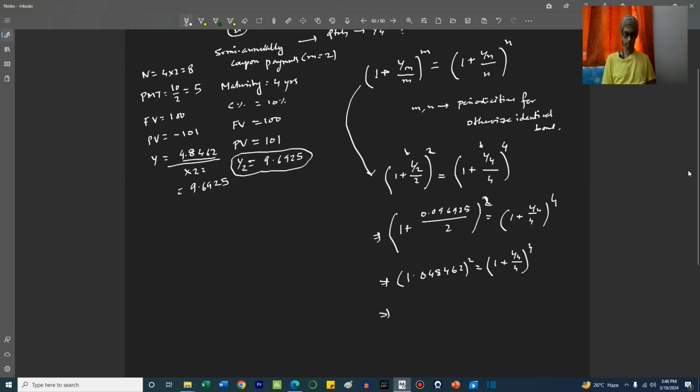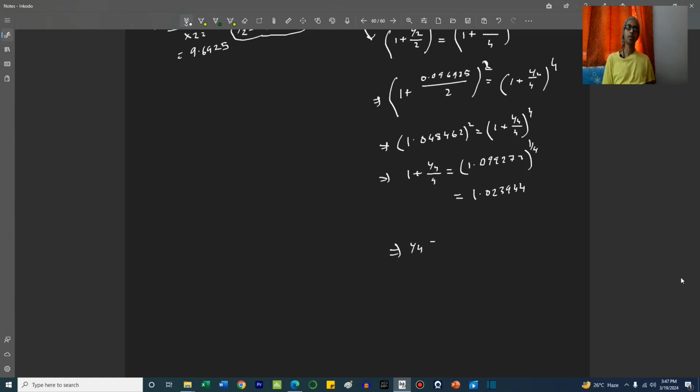This implies 1 + y4/4 is equal to 1.099273 raised to the power 1 by 4. Easily we can calculate it. So this is equal to 1.023944.